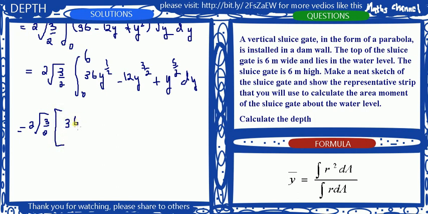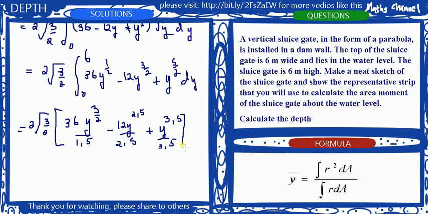It's 36. The same as 1.5, minus 12 is the same as... this one is the same as... so when you substitute with 0 it will be 0.